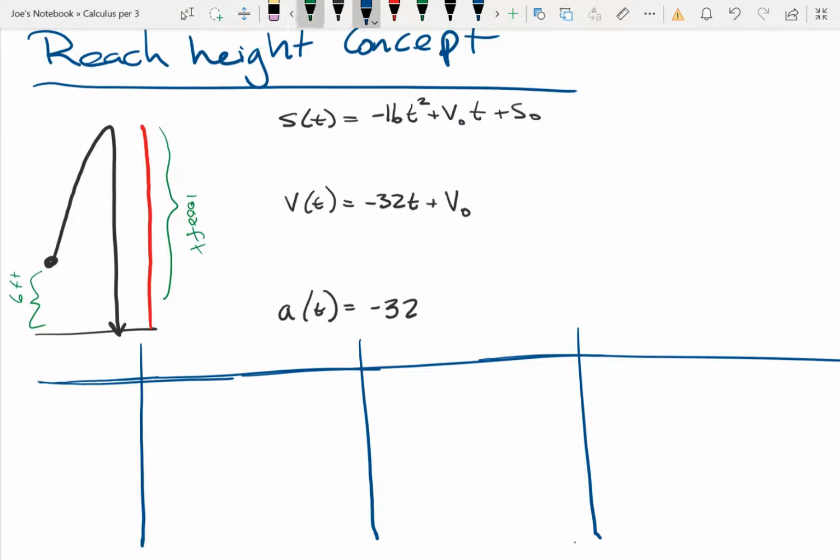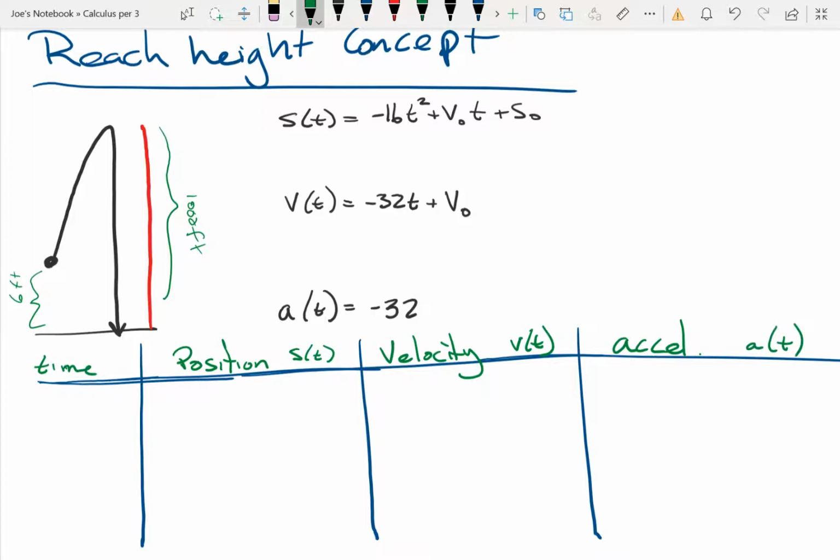This is going to be known as time. This is going to be known as your position. We call it s of t. This will be a velocity function, we call that v of t. And this is your acceleration function, which is our a of t.